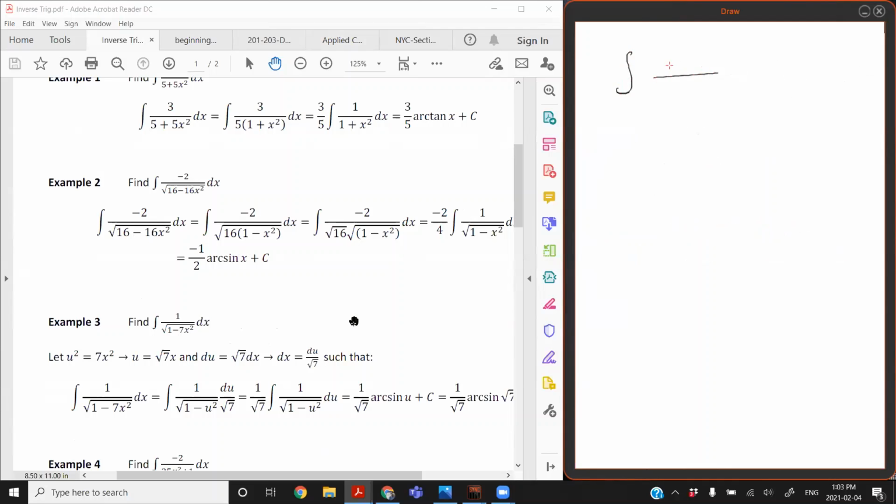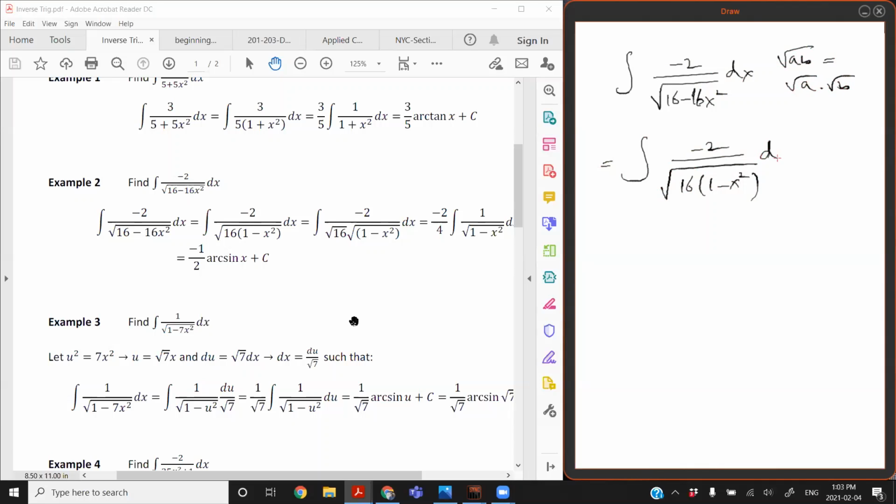We have the antiderivative of -2 over root 16 minus 16 x squared dx. Okay, so I can see that if I factor out a 16 here, I'm going to get 1 minus x squared. I also remember that root AB is root A times root B. So that means I can write this as the integral of -2 over root 16 times root 1 minus x squared dx.